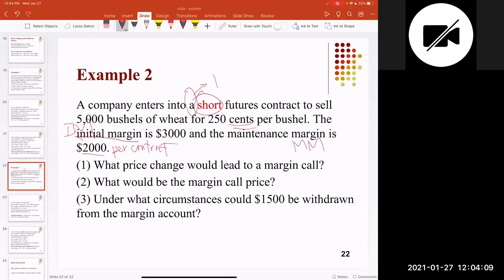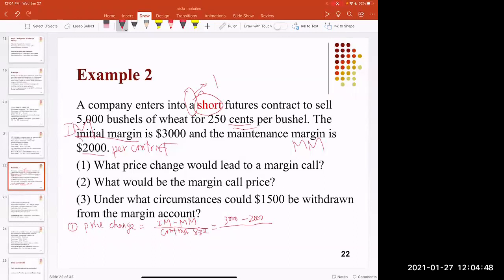Okay, so question 1, to find the price change, the formula we know is initial margin minus maintenance margin per account over contract size. Initial margin here is $3,000. Maintenance margin is $2,000. And the contract size, what is contract size? 5,000.